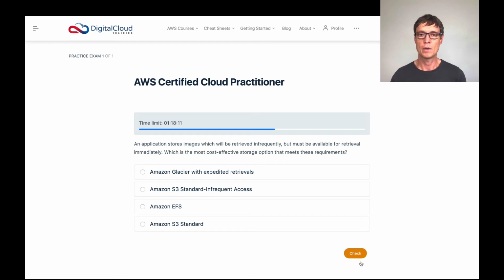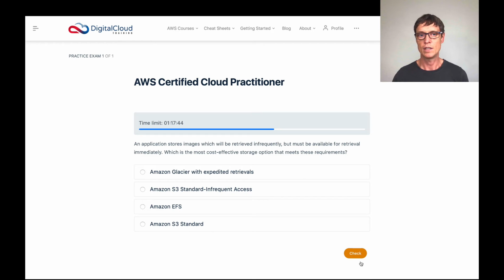If you went back 6 months or a year, you'd find that pretty much every question was extremely short. It was just, what service is used for this purpose? And now they've started putting in some scenarios. They're nothing like the difficulty of the associate or professional level scenarios, but they do put a bit more information in there. So you've got to have that critical thinking ability and be ready to process a bit more data.